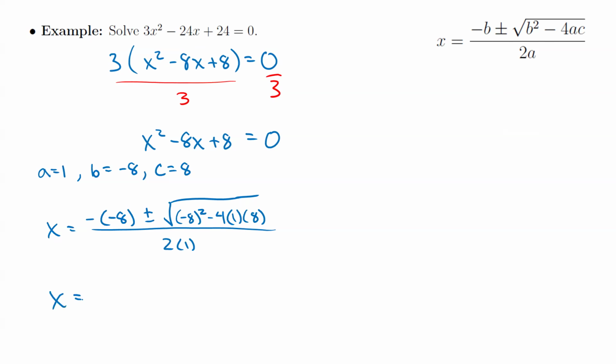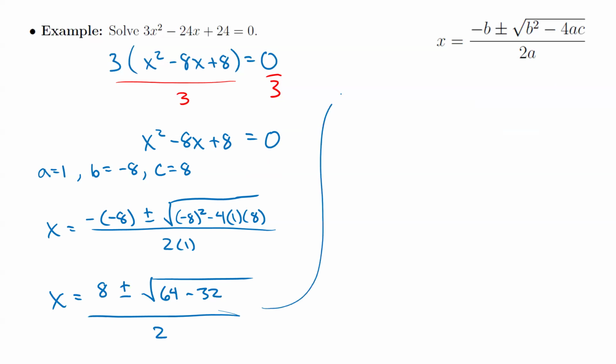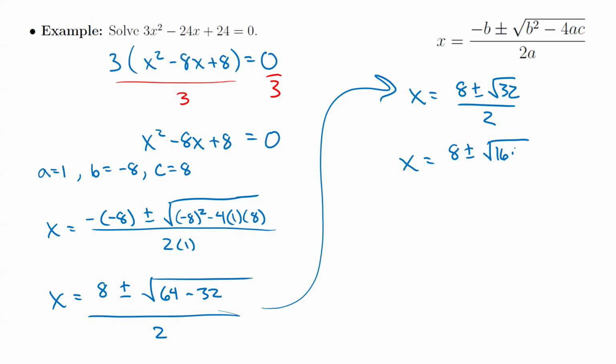Okay, so I get X is positive 8 plus or minus the square root of 64 minus 32, all divided by 2. X is 8 plus or minus the square root of 32 over 2, but I recognize that 32 has a perfect square factor of 16.